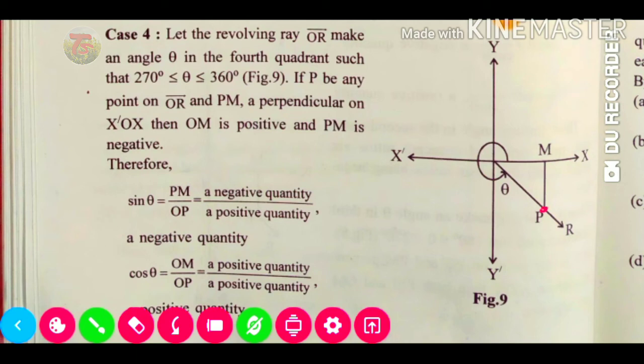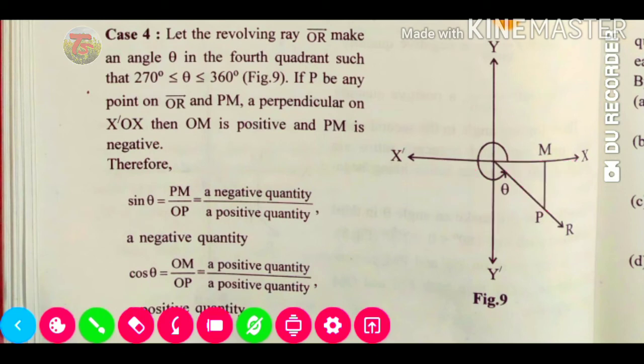If P is a point on OR and PM is the perpendicular, OM is positive, and OP is also positive because it is the hypotenuse. PM is negative because OM is in the positive direction of the x-axis and PM is in the negative direction of the y-axis.